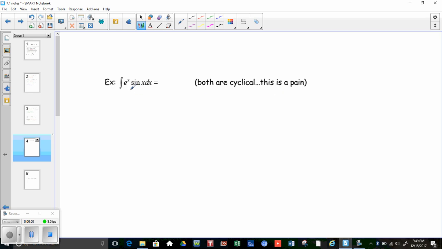So let's go with our standard integration by parts, which says that my u value should be, let's see, L, no logs, I, no inverse trig, P, no power functions, E, exponential. So that means this one is my u value. So u equals e to the x, which means dv is everything left, which is sine x dx.